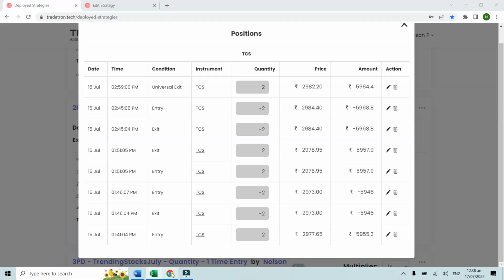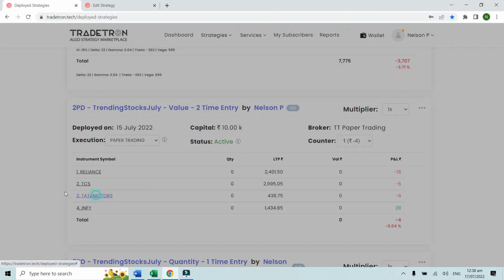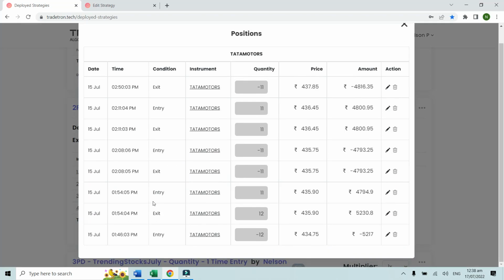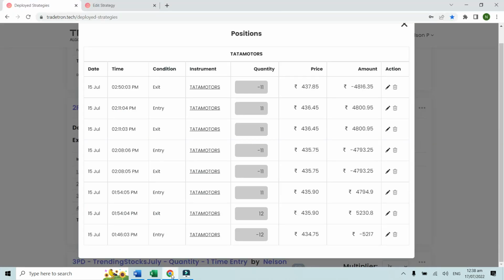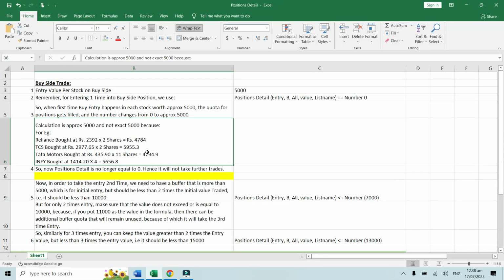Next, the trade that has happened in Tata Motors. First was the sell entry in Tata Motors. The second entry in Tata Motors was the buy entry, where it bought at 435.90 into 11 shares, right? That comes to around 4,794 as the value of the trade.